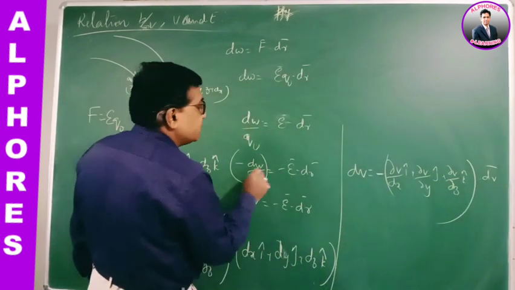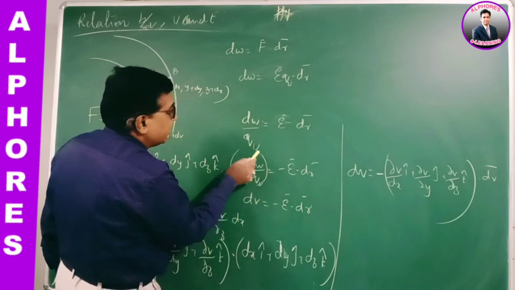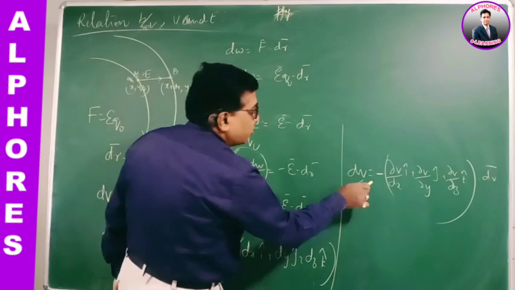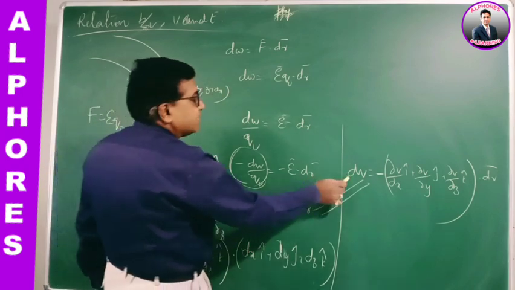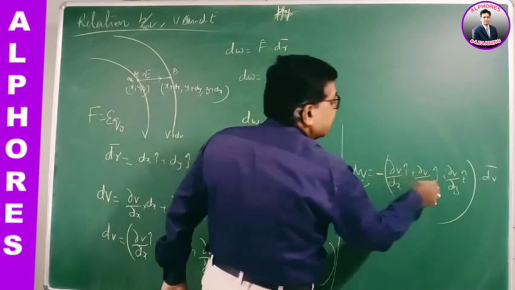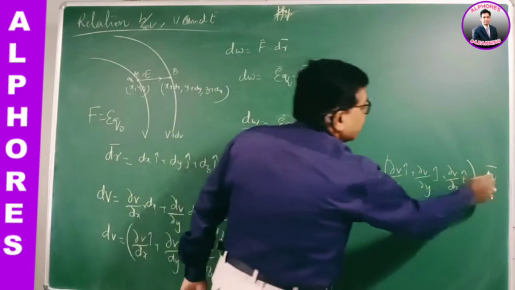Now comparing these both, the potential difference can be written as minus E bar dot dr bar.